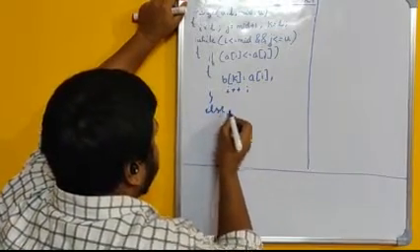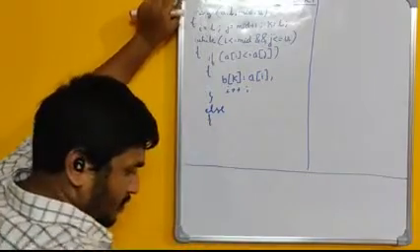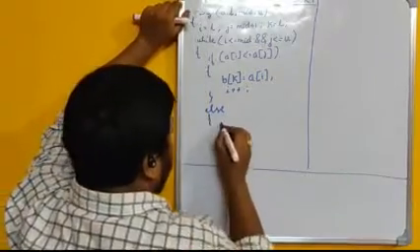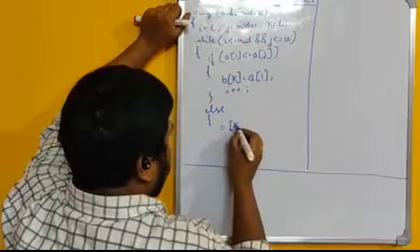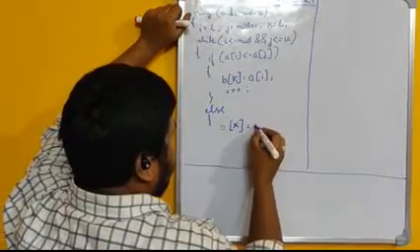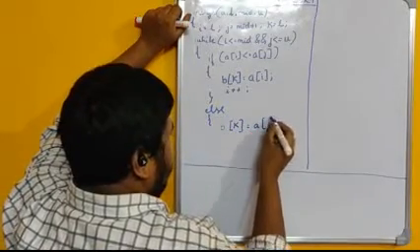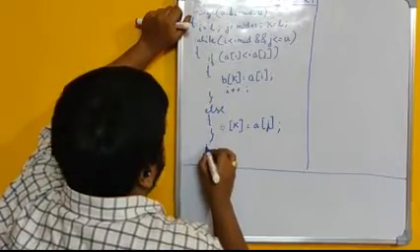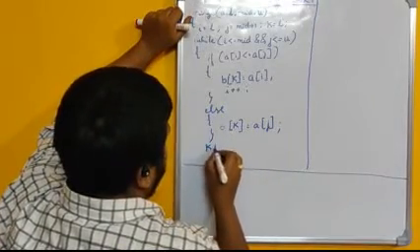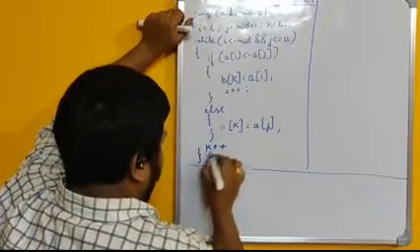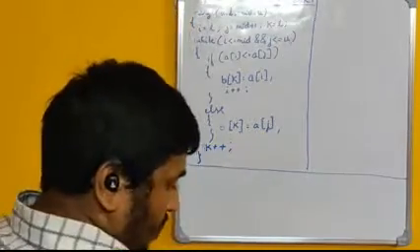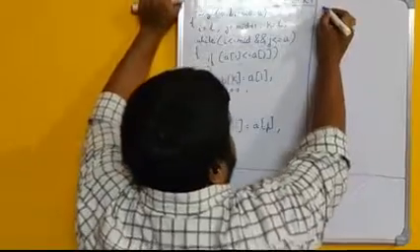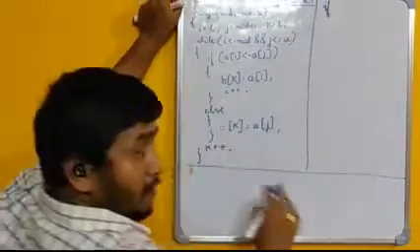Else B of K is equal to A of J, and at last K plus plus, and our while loop is over. Again we have one more condition here. I will explain it later.